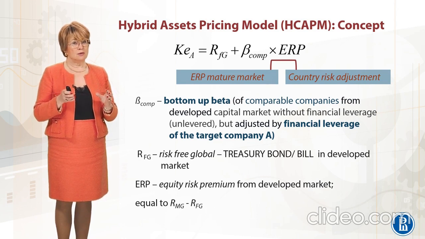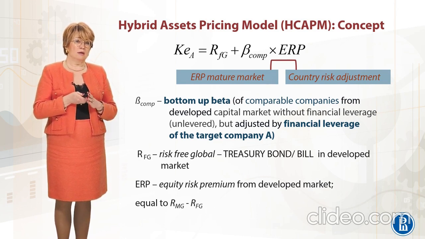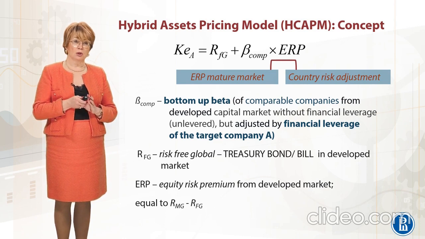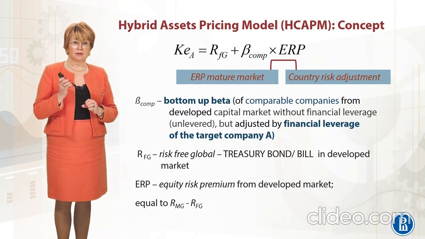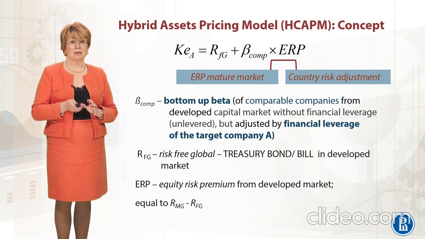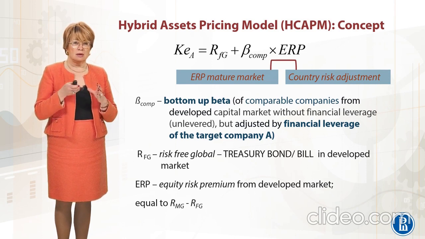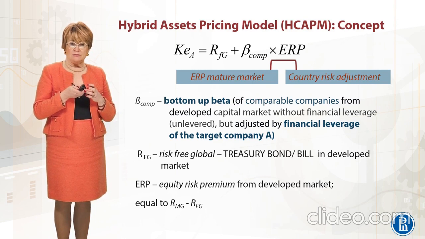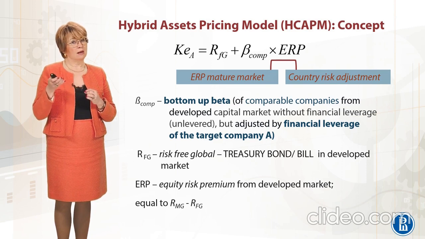The first step is to use the risk-free rate from the global market. The second step says we need the equity risk premium, ERP here, which is a product of the equity risk premium at developed capital markets and some country risk adjustment.